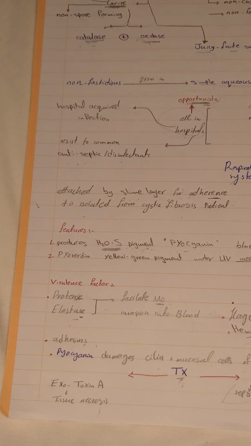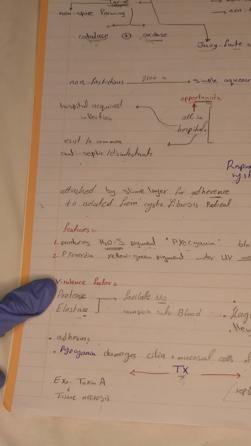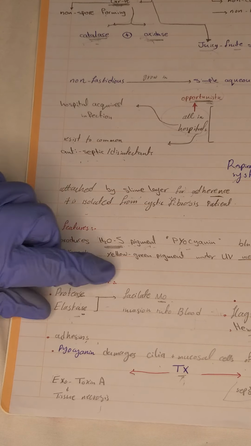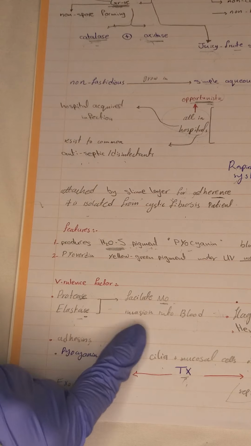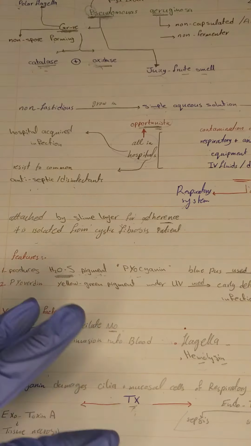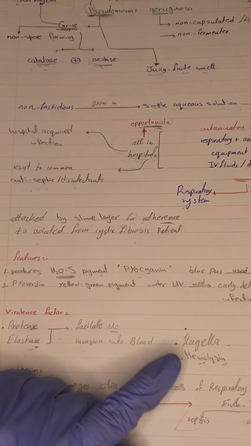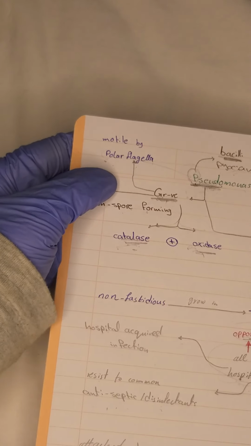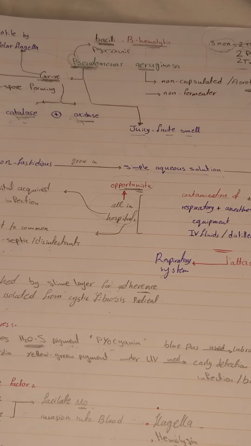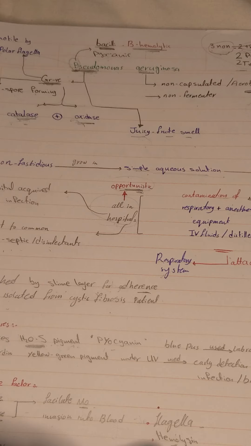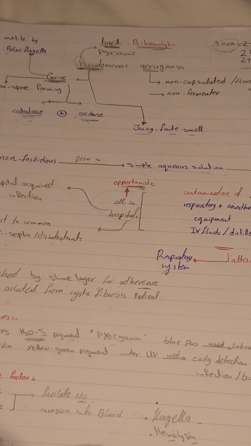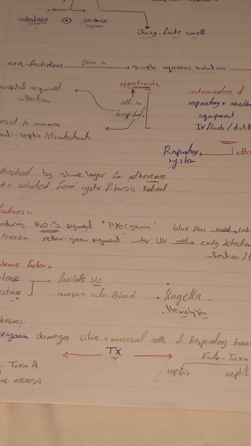Here we have a microorganism in the tissue. It uses protease and elastase to destroy the tissue, then it moves to the blood. After that, in the blood, it has polar flagella for movement, as we mentioned, and hemolysin that breaks down RBCs, okay?